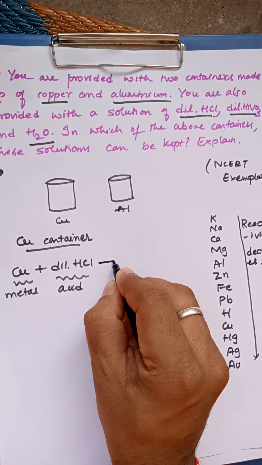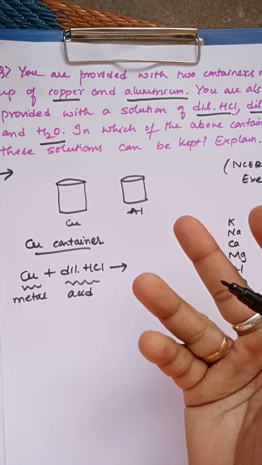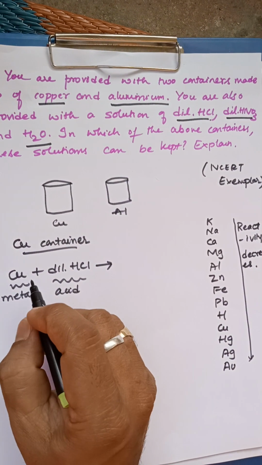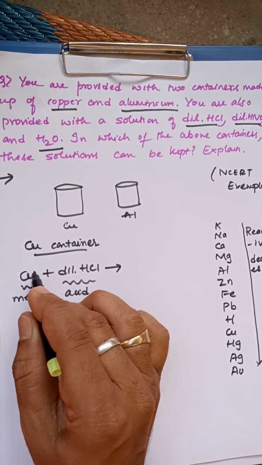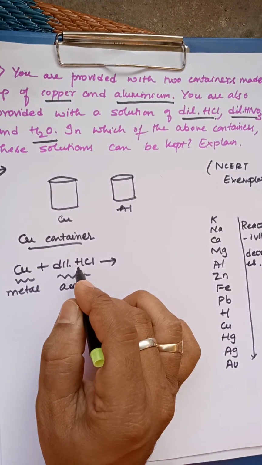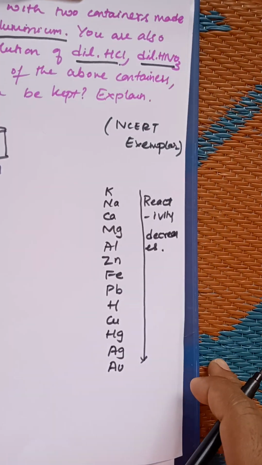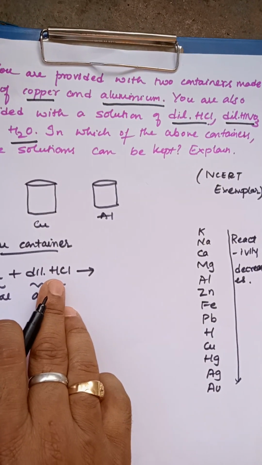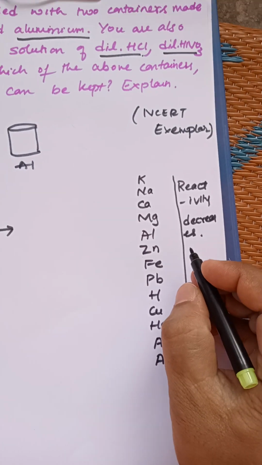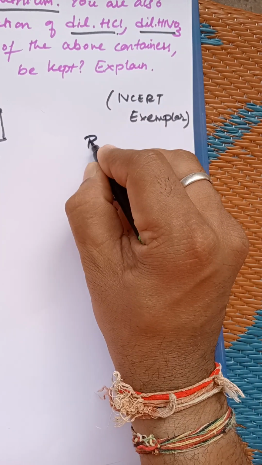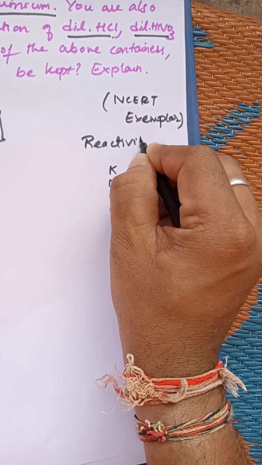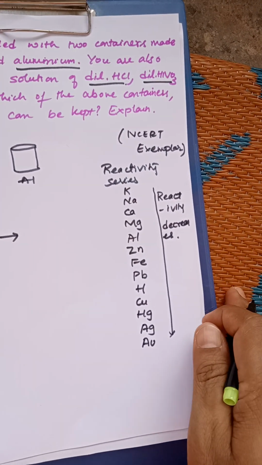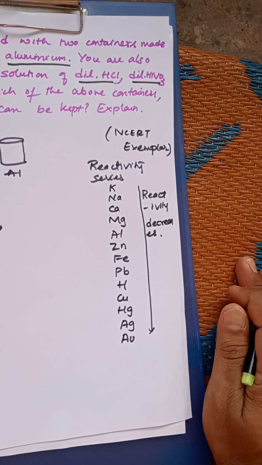Now, a reaction between a metal and an acid is a kind of a displacement reaction where the metal, which is more reactive than hydrogen, will displace hydrogen from the acid. For that, we just need to check whether copper is more reactive or less reactive than hydrogen. We can take the help of a series called reactivity series. This series is a list of elements in which the elements are arranged in the decreasing order of the reactivity.